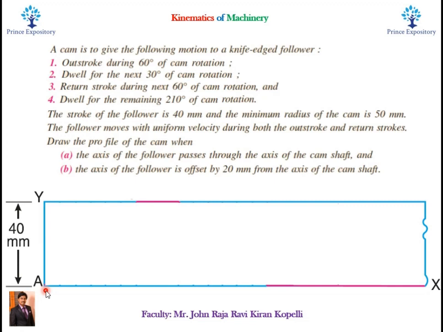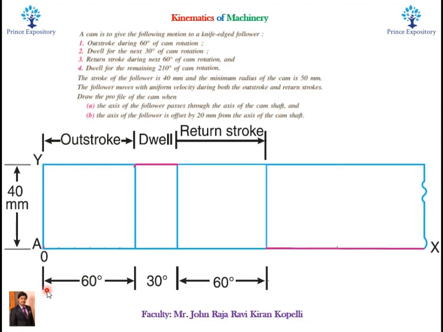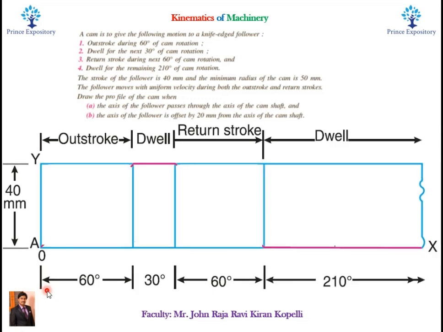So 60 degrees of cam rotation is indicated first as outstroke, and dwell is indicated immediately after, and with the scale the return stroke is indicated, and finally the dwell of 210 degrees is also indicated. In this way, angles of rotation representing the strokes are marked as divisions.